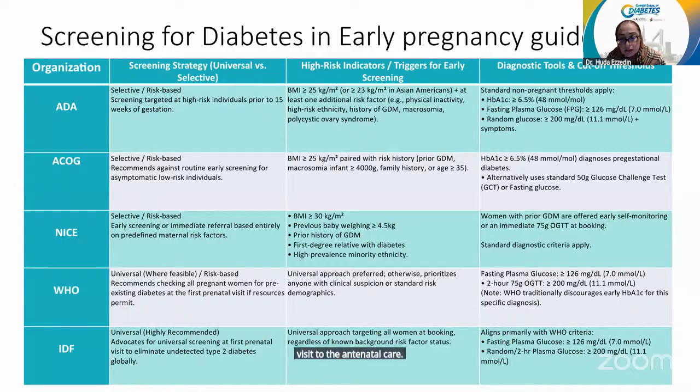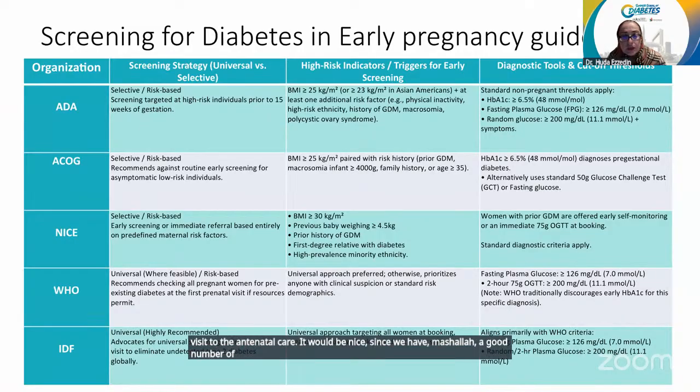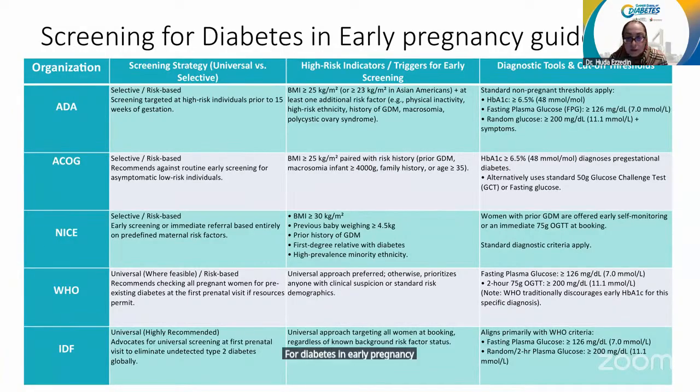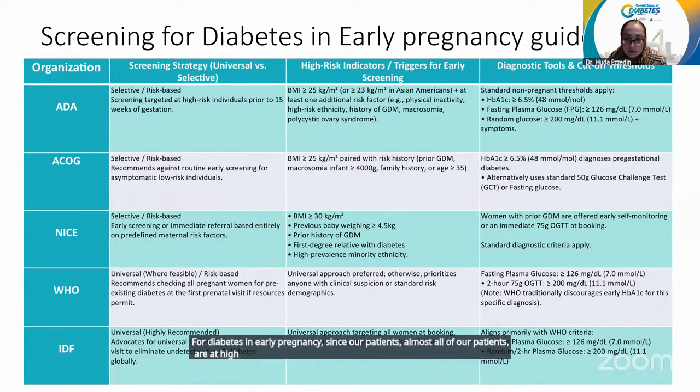It would be nice, since we have, mashallah, a good number of you, if you just tell me whether any of you prefer any one of those guidelines, the ADA, the WHO or IDF, if you screen for diabetes in early pregnancy, since almost all of our patients are at high risk of diabetes.